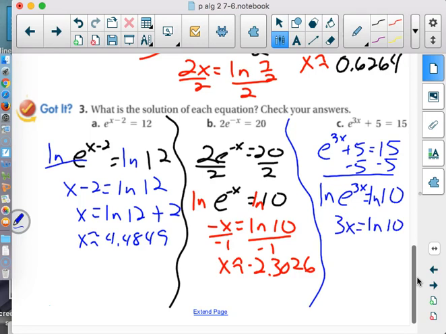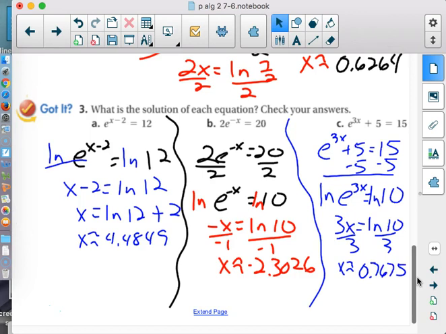Natural logarithm. Then divide by 3. 5 by 3. Approximately, what is it, 0.7675? Because I know lots of you already did this. Yes. Is that right? Hang on. 0.7675. Yeah.